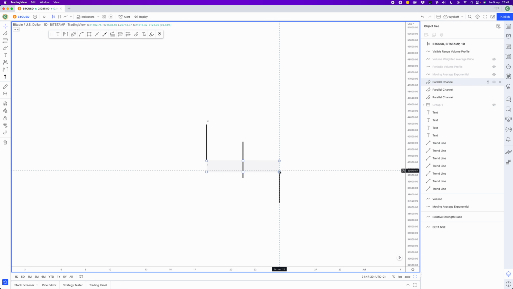So this bar was not able to trade to this low. So the market was only traded once at these prices. And this indicates selling pressure.